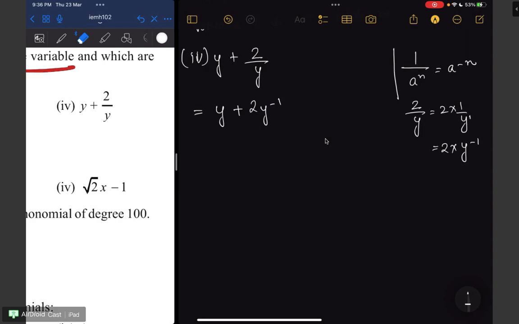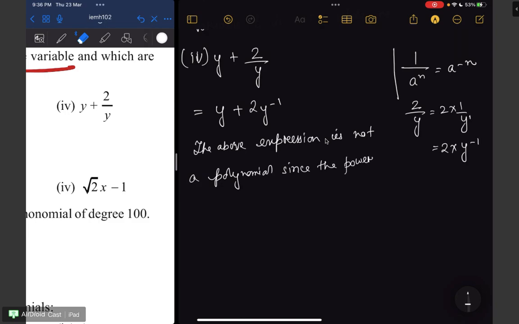So how can we write it? The above expression is not a polynomial since the power of y in 2 to the power y is minus 1.